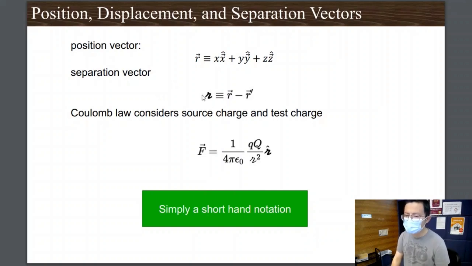You have to specify whether you want to apply it to the source charge coordinate R prime, or to the test charge coordinate R. So oftentimes we will use del R to label the del operator applying on this R vector, and use del prime, or del R prime, to specify that the differentiation should be applied to this R prime vector.